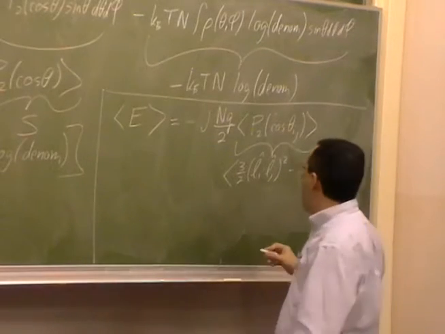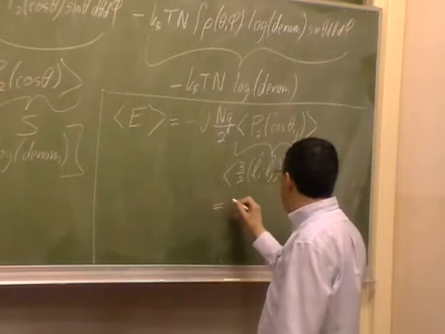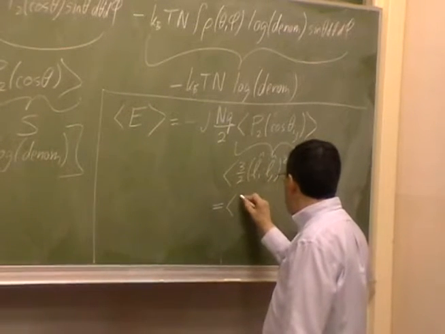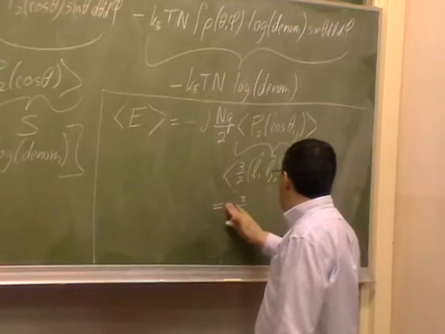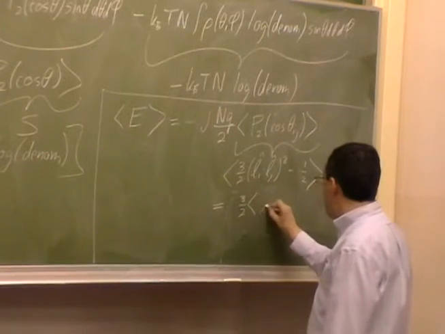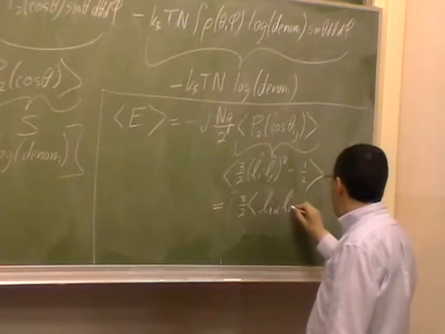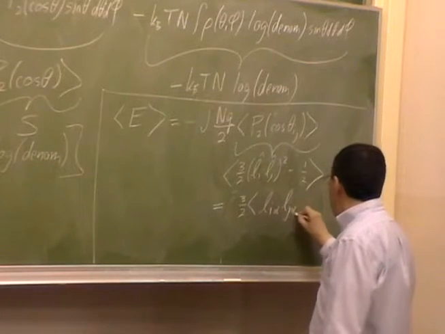So I will write this out in my nice tensor notation as 3/2 times the average of Li alpha, Lj alpha.